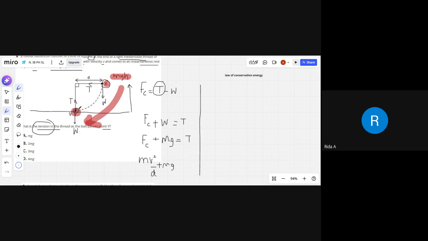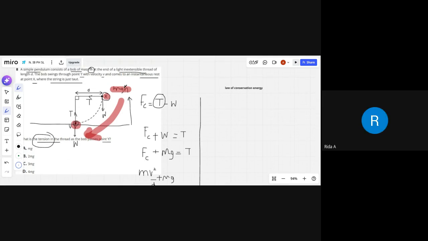So all of that gravitational potential energy gets converted to kinetic energy, and you put their formulas equal. So you have mgh is equal to half mv squared.